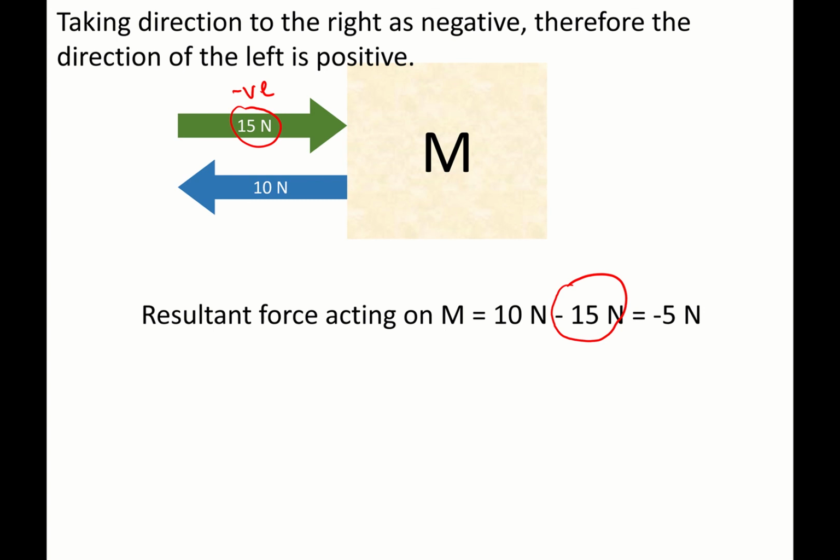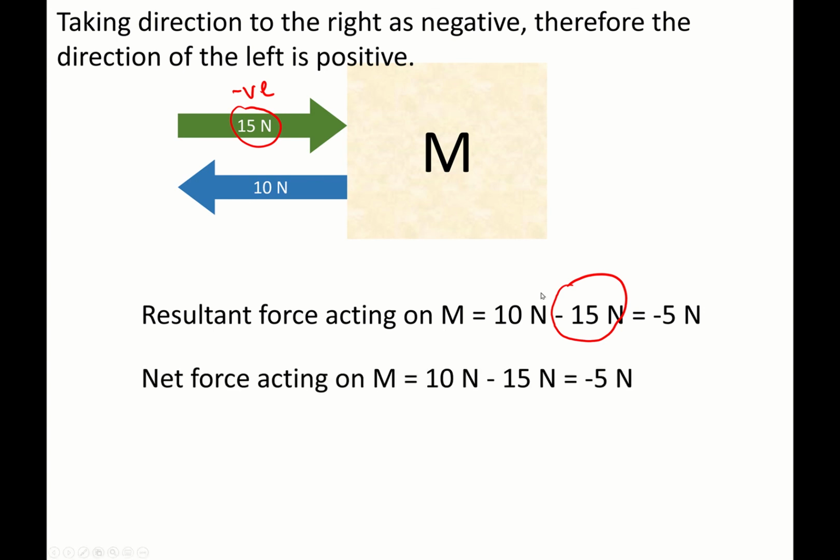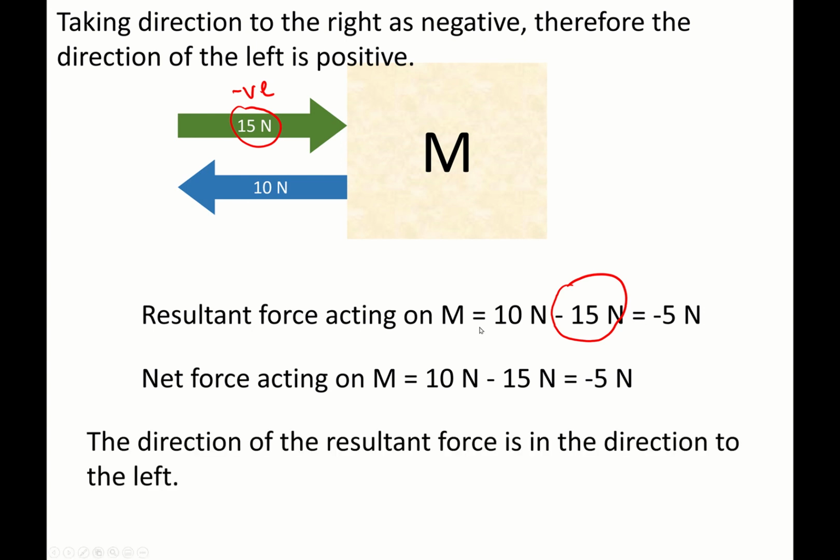So the result will be minus 5 newtons. You can also say the net force acting on m is 10 minus 15 equals minus 5 newtons. And the direction of the resultant force is towards the left.